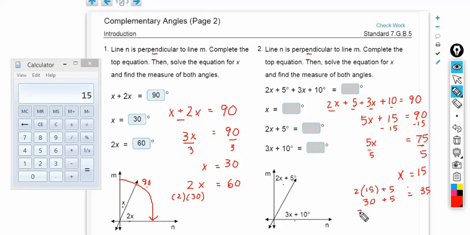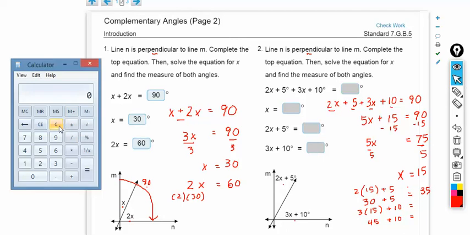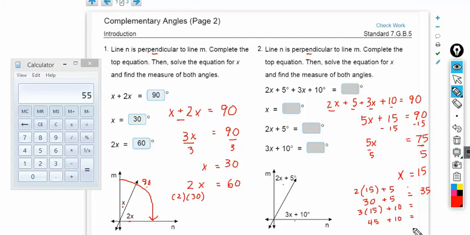Then 3x plus 10, with x being 15: 3 times 15 is 45 plus 10 equals 55, but we'll check it in the calculator. 15 times 3 equals 45 plus 10 equals 55.